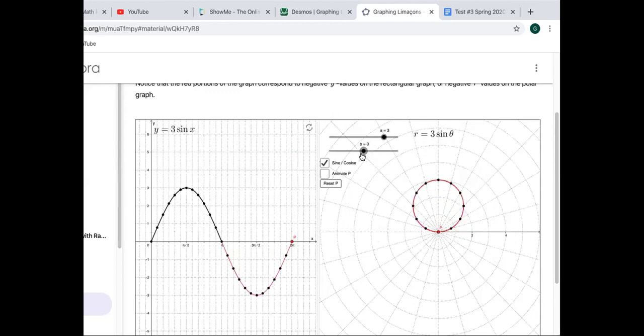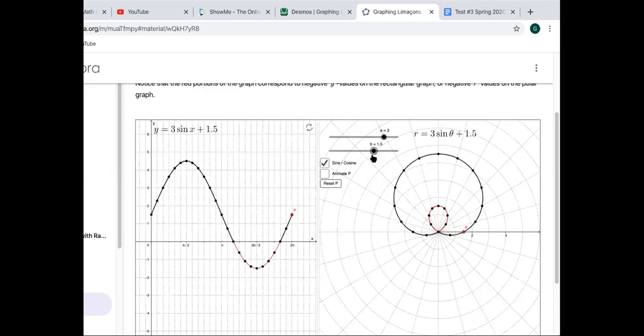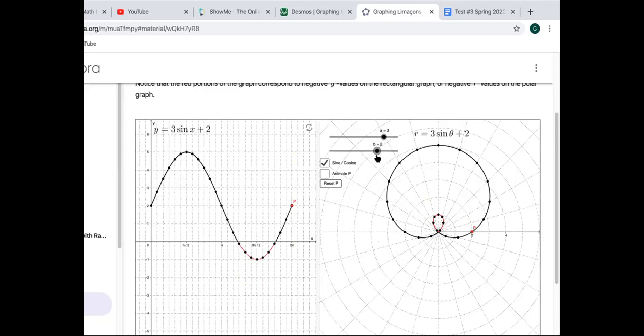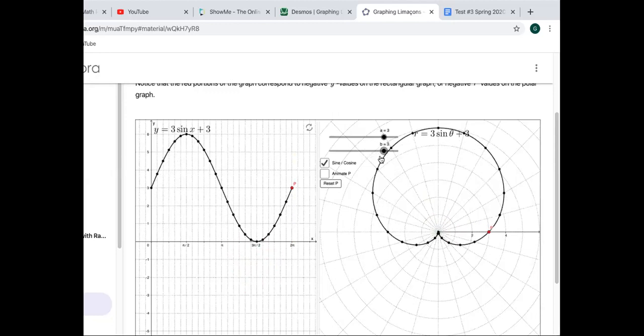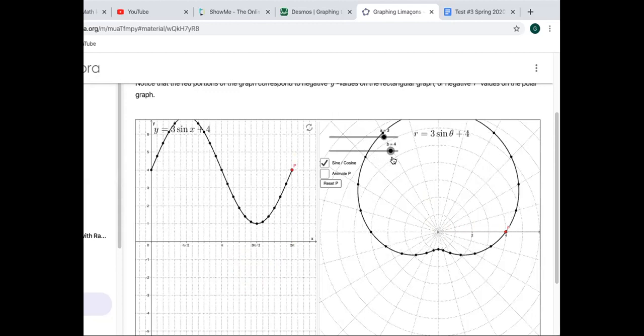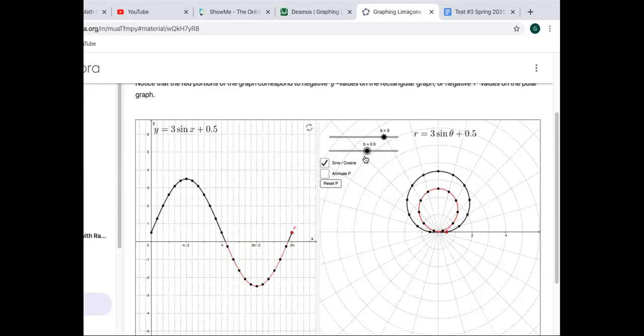So it's fun to see basically the whole lesson there. There's the circle, Limaçon with big inner loop, Limaçon with small inner loop, Limaçon that became a cardioid, and then a dimpled Limaçon. So I highly recommend you move the slider around.